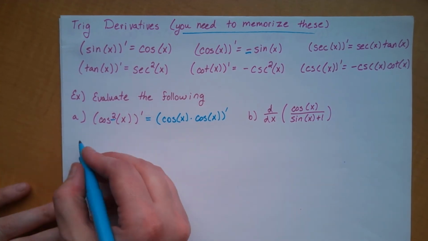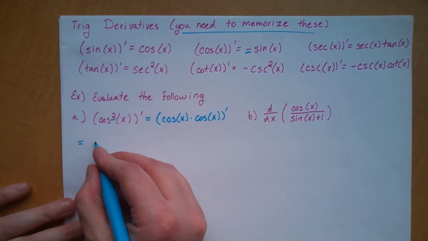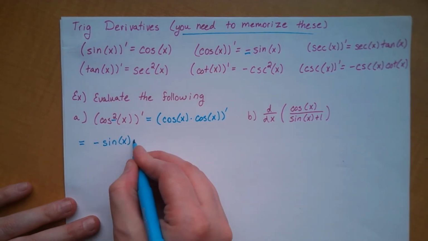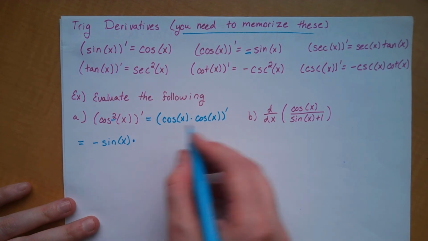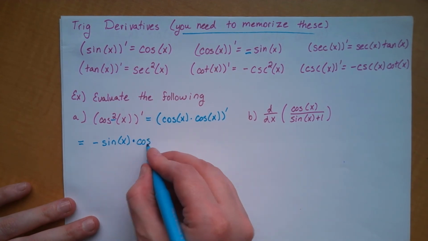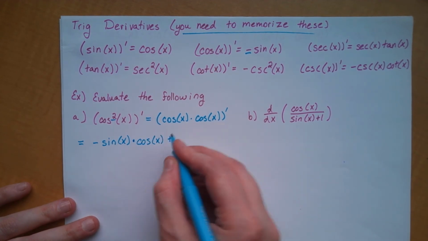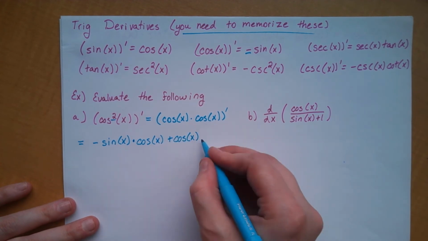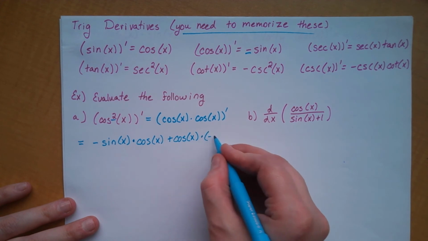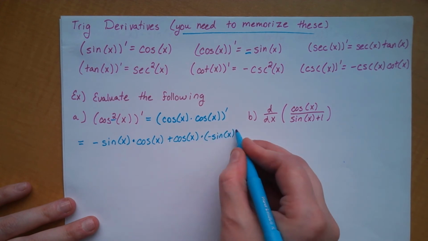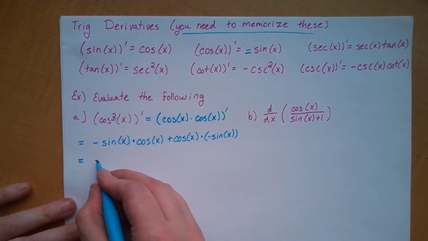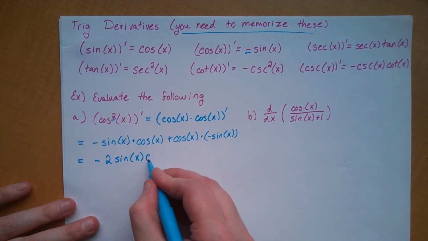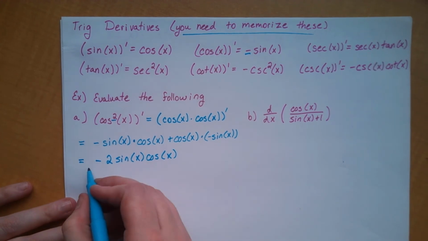So remember, the product rule is the derivative of the first, which would be negative sine x, times the second left alone, plus the first one left alone times the derivative of the second, which would be negative sine of x. And what I end up with is negative 2 sine cosine as my solution.